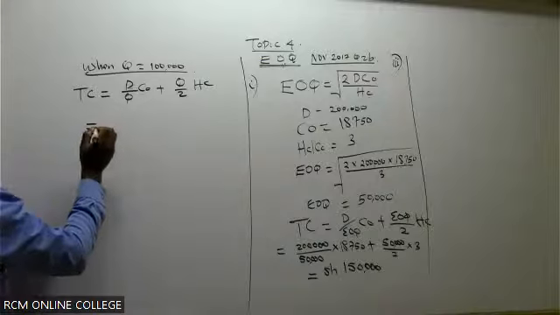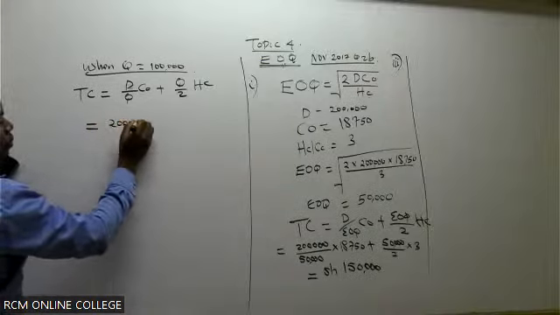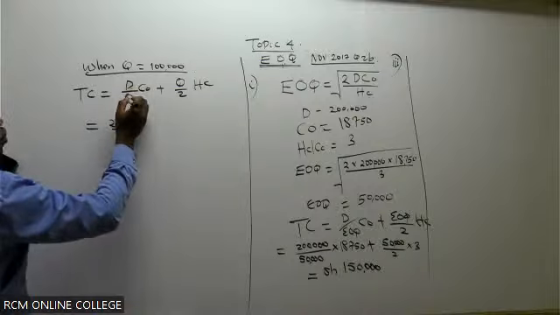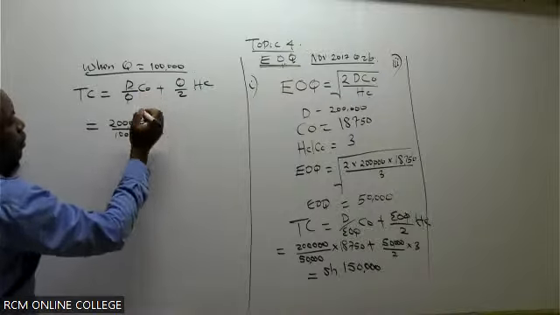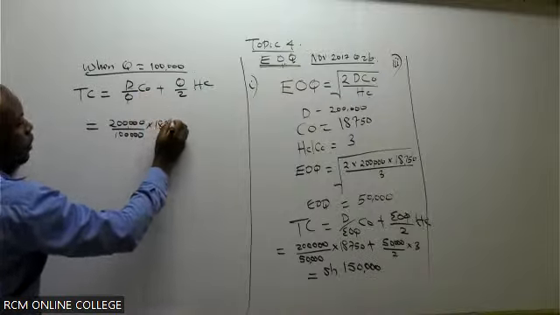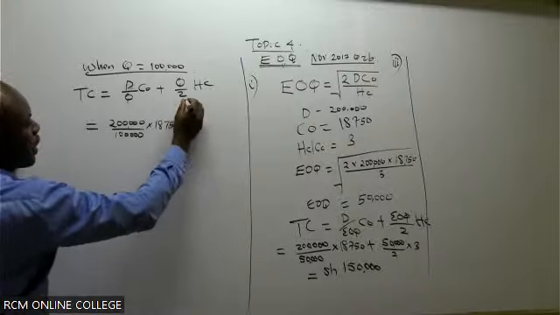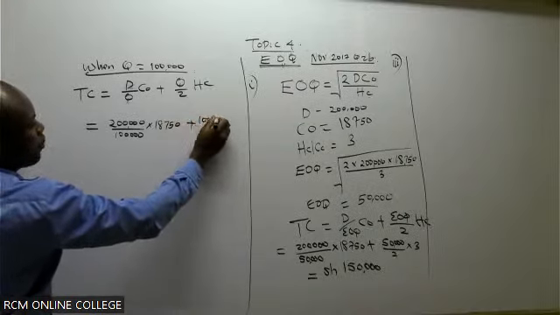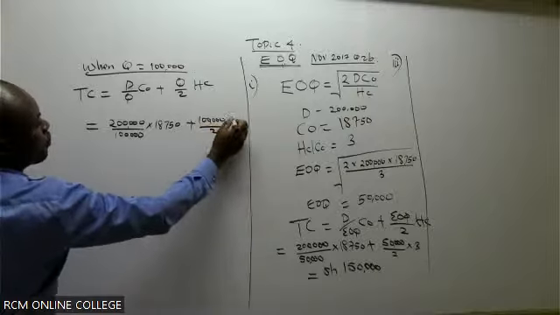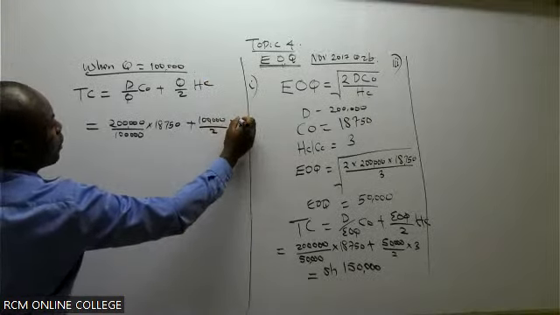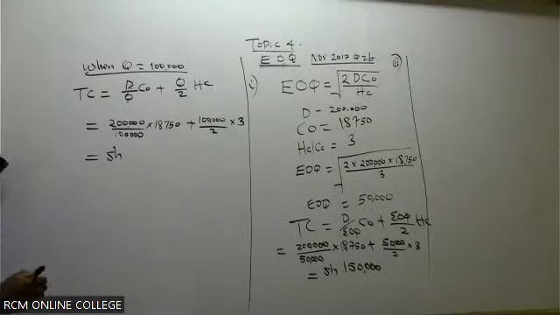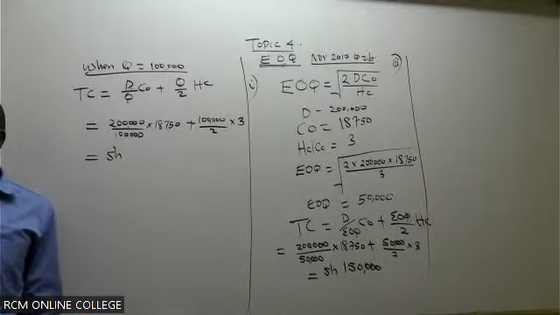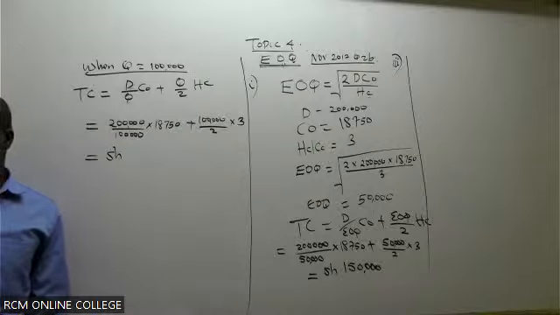I take demand, which is 200,000, divide by quantity, which is now 100,000, multiply by ordering cost, which is 18,750. To that, I add quantity, which is 100,000, divide by 2, then multiply by holding or carrying cost, which is 3. If that is done, what are you getting as the total cost?